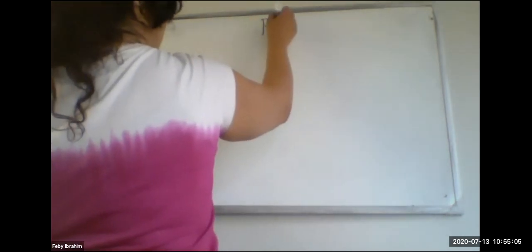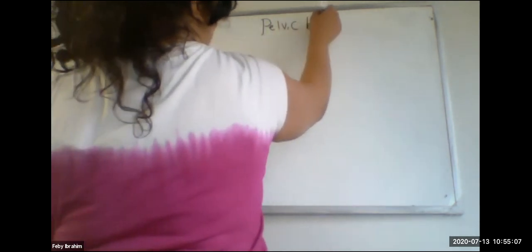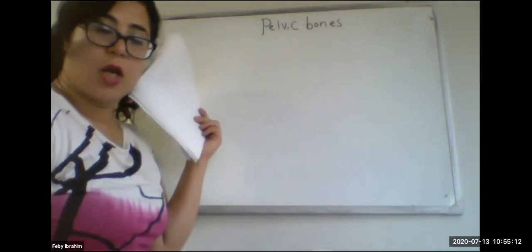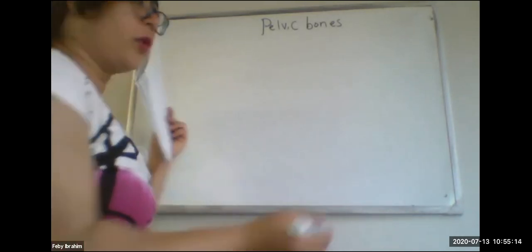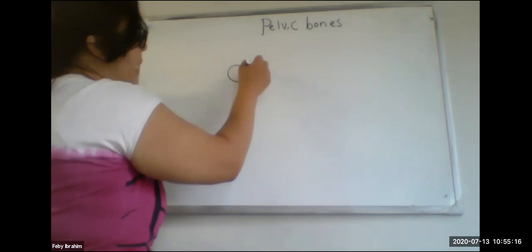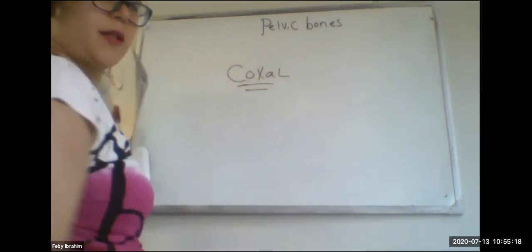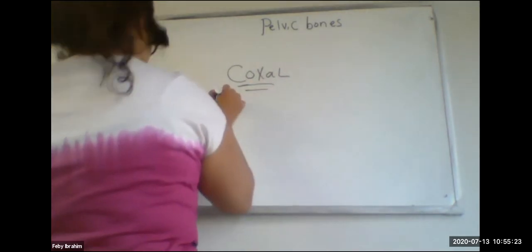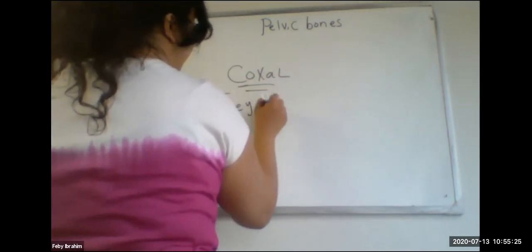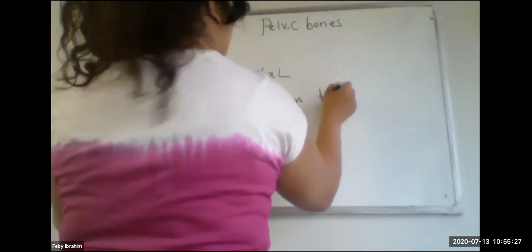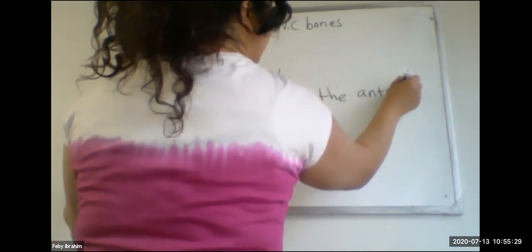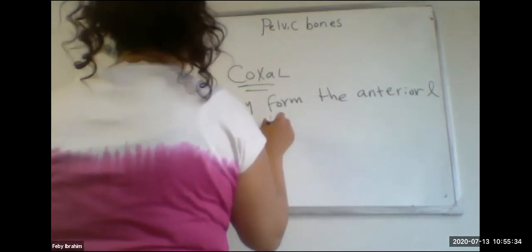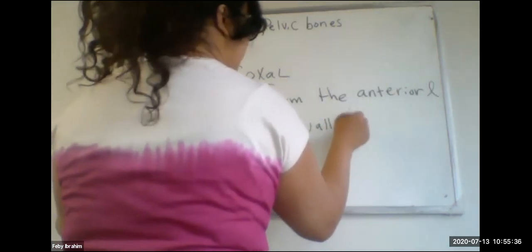So I remember we mentioned the pelvic bones. We have the sacrum, the coccyx, and the two innominate bones, also known as coxal bones. The coxal bones, or the two innominate, form the anterior and lateral parts of the pelvis.